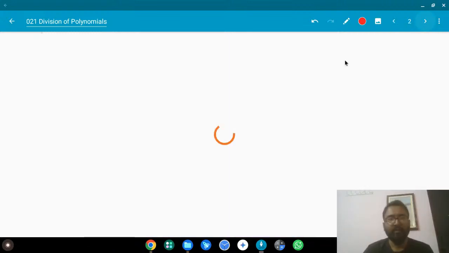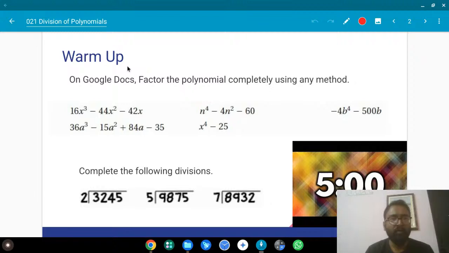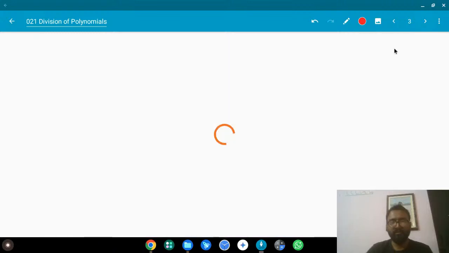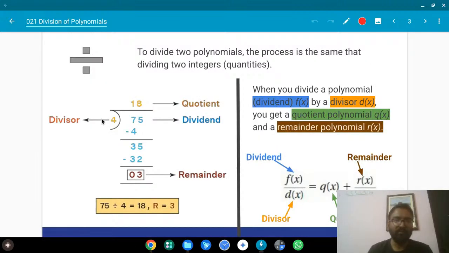Here it is the warm up, in Google Docs. They are cubic polynomials. Complete the following division, we have to make a simple division. Generally we write another kind of notation, where they write the quotient on the top. This is the quotient, the dividend, the divisor, and the remainder.